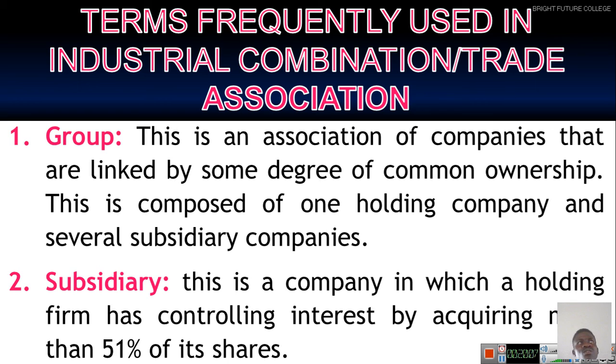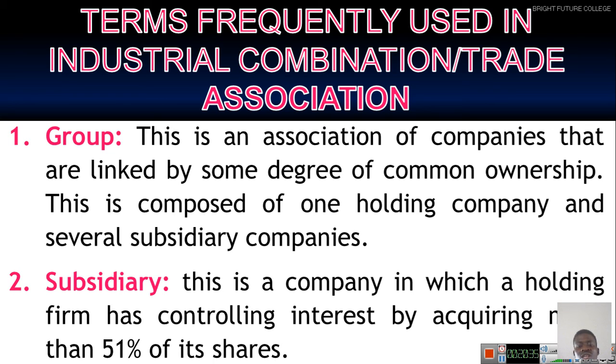For example, a holding company acquiring 4 or 5 subsidiaries, of which those 4 or 5 other companies are the subsidiaries. That makes it a group of companies. If, for example, I acquire 5 companies, it means that the 5 companies plus mine is a group. So if you hear of a group, you know that it's a holding company and its subsidiaries that make up a group.